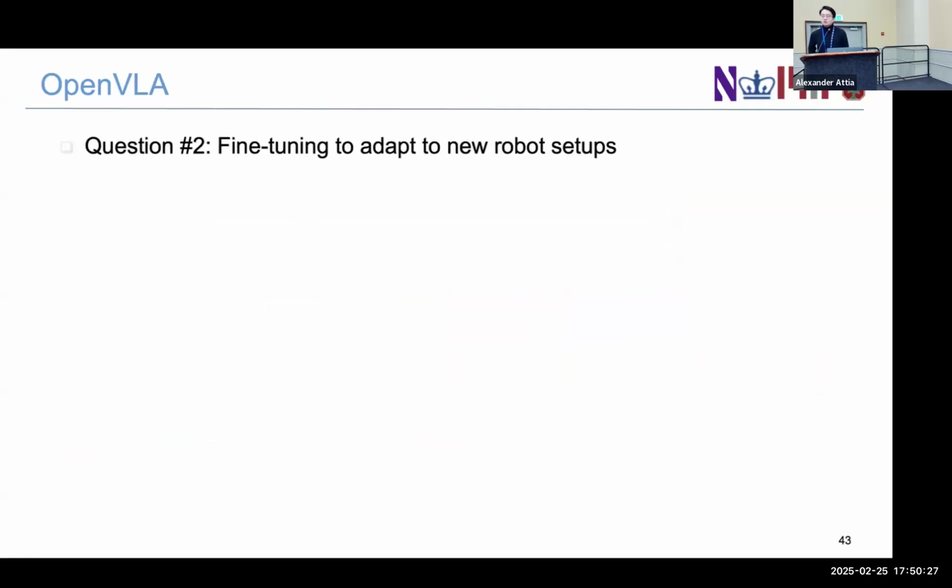And the second question is that people started to ask, instead of just training the model and expecting the model to perform very well out of the box, can we do something more than that? Can we actually fine-tune the pre-trained models to adapt to new robot setups? Now you might think this is not super new, but back then, people saw a very significant difference by relying on pre-training alone for large language models compared to adding a little bit of post-training to your pre-trained language models.